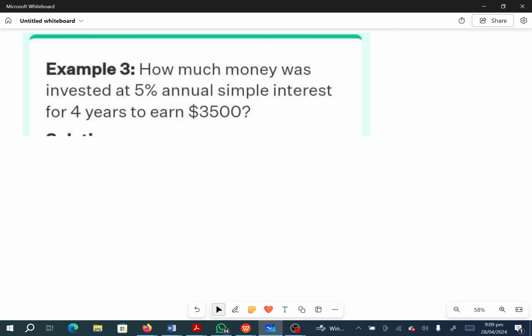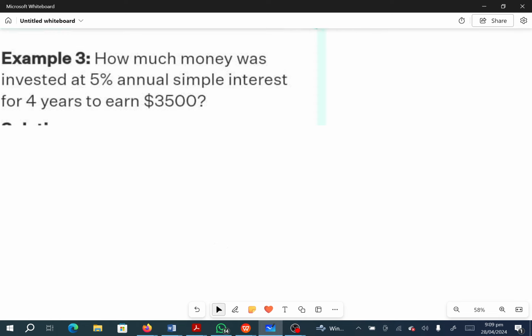We don't know the principal amount in this question. So let's do our tradition. Let's get some data. When we are doing these calculations, it's important that you list down the data you have been given in your question.